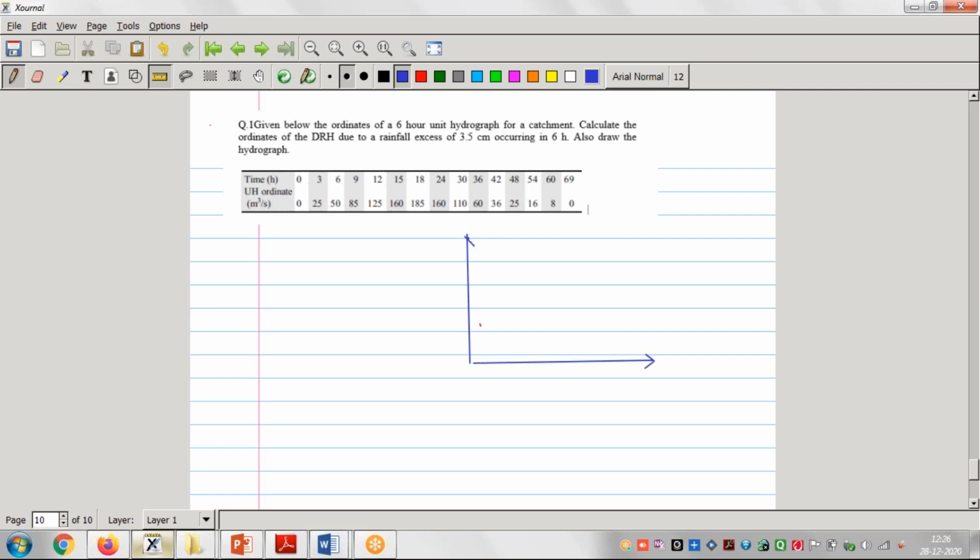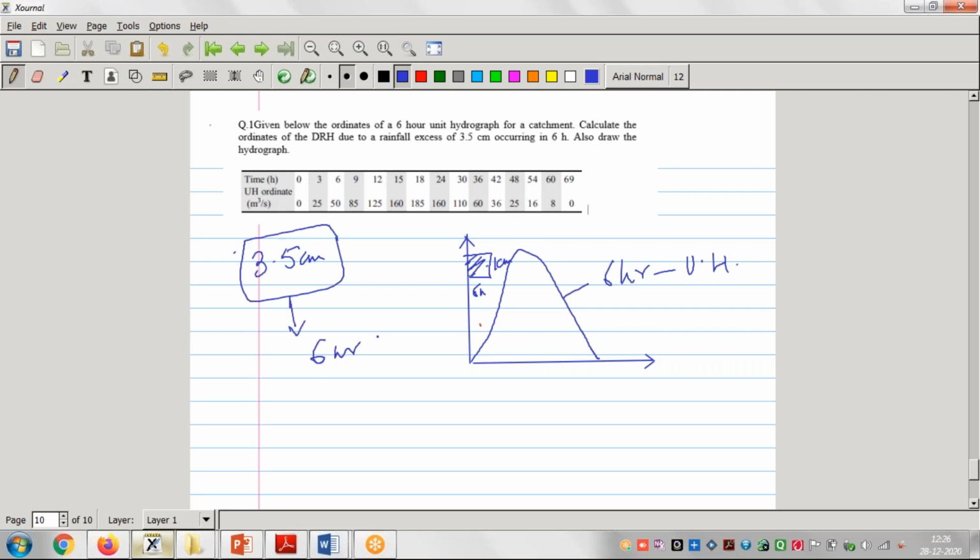They are asking, draw the hydrograph for, this is our graph. This graph is the 6-hour unit hydrograph, and if I show this box, this is 6 hours, and it is because of 1 centimeter, or 1 inch, or maybe 1 mm of rainfall. Now they are asking, draw the hydrograph for 3.5 centimeter rainfall and for 6-hour duration.